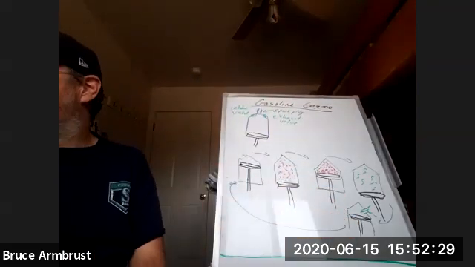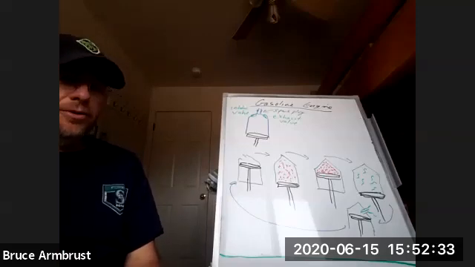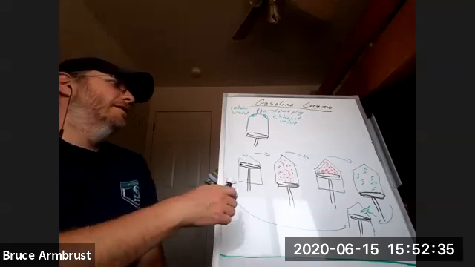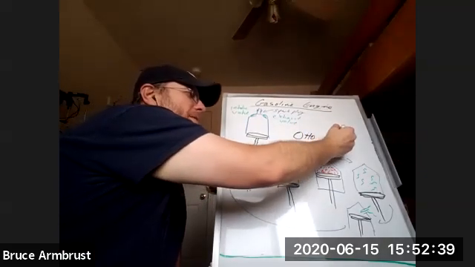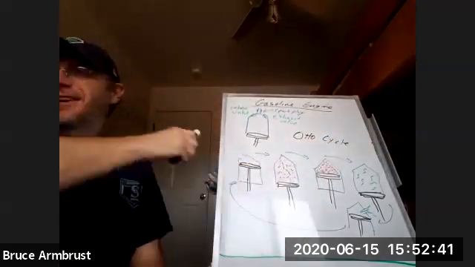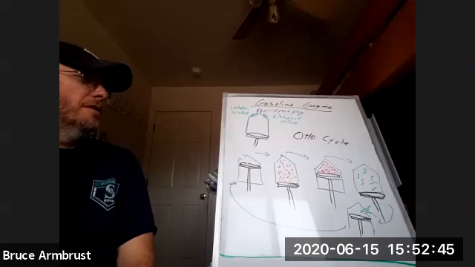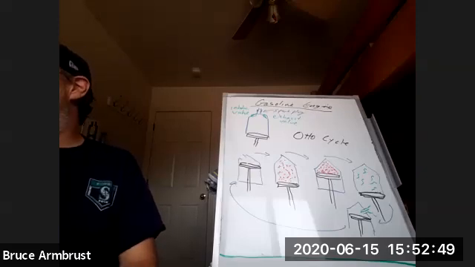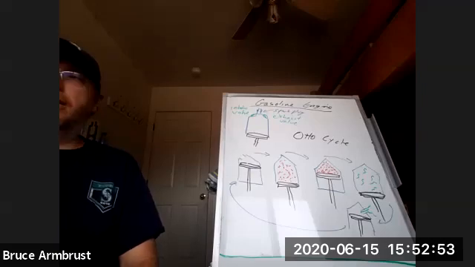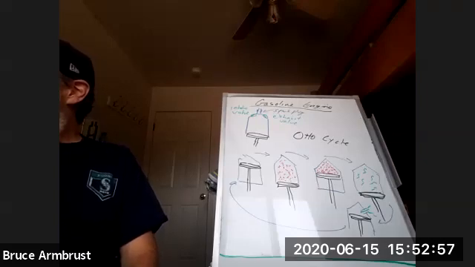Okay, so this is a cycle. It's actually called the Otto Cycle, but it's not Otto like you think, it's Otto like the person. So this is the Otto Cycle. All right, so this is the general cycle that happens when you've got a combustion engine going.